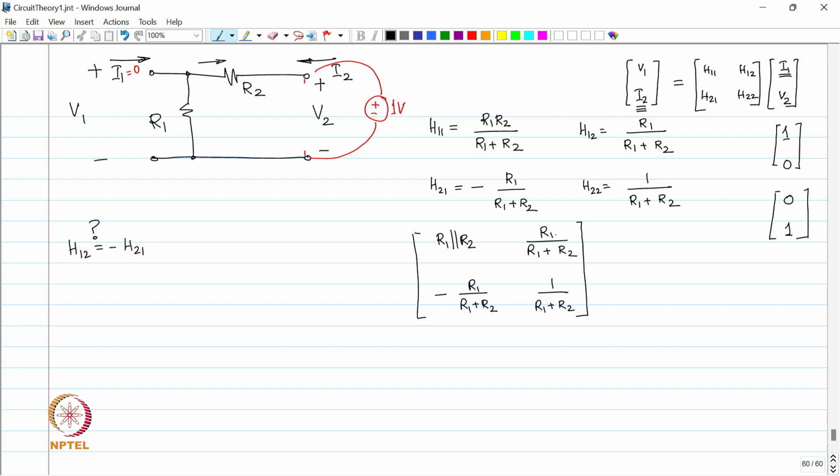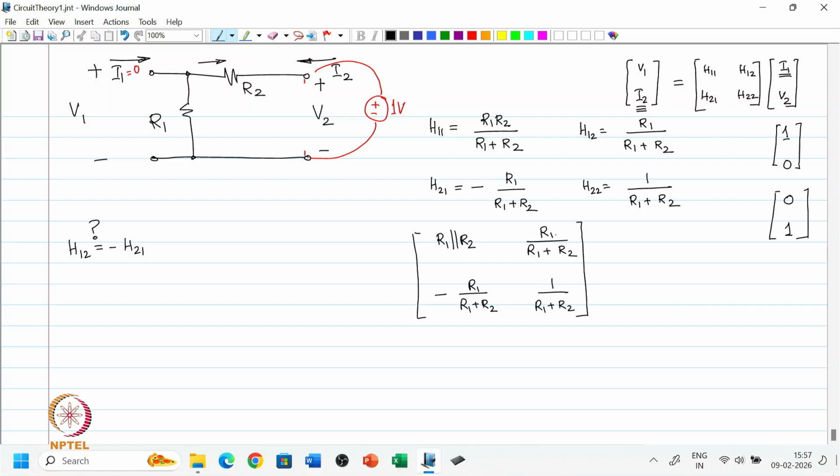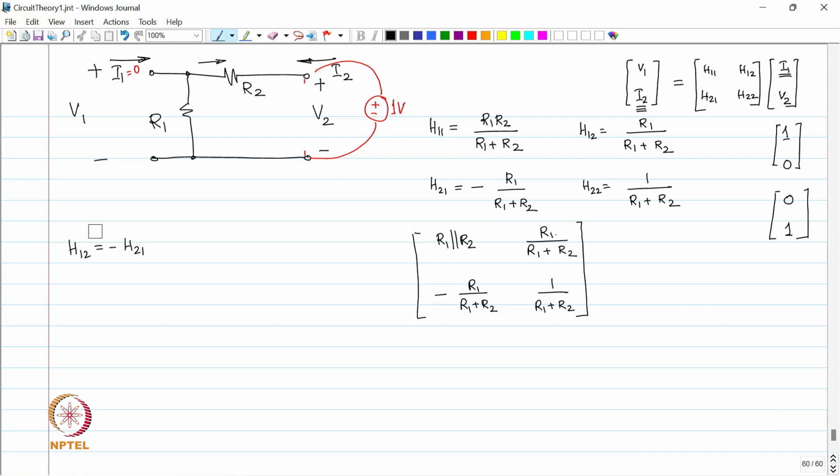You want to prove it? Shall we prove it? That it is always true when the circuit is passive. So, this is H12 is equal to minus H21 when the network is passive. Okay. Not otherwise.